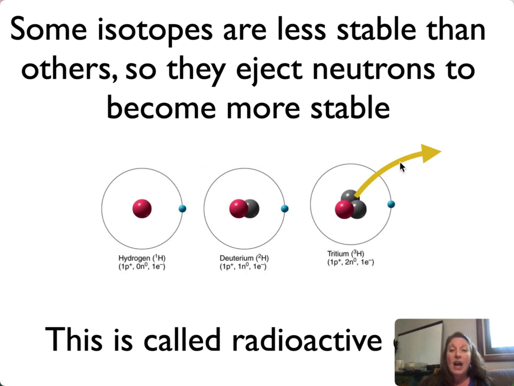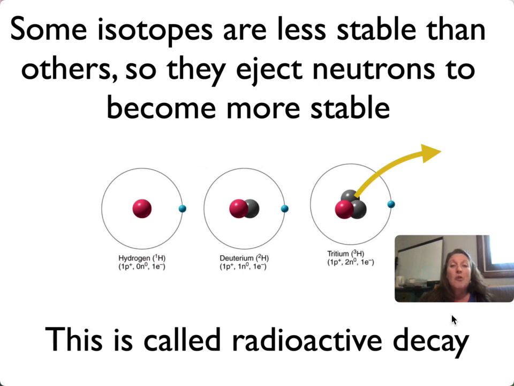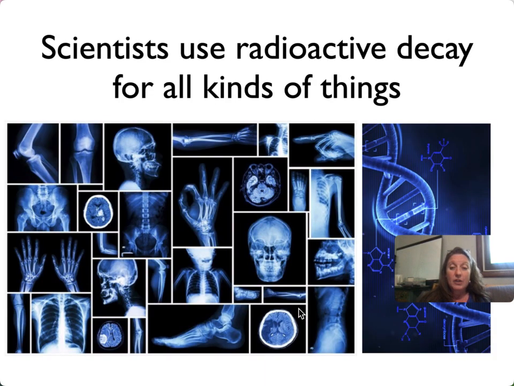And when a neutron leaves, this is called radioactive decay. Sometimes it's just the neutron leaving. Sometimes a neutron bumps into an electron and the electron leaves. Sometimes the neutron bumps into a proton and the proton leaves. Every isotope is a little different in terms of how it becomes more stable. But this radioactive decay is predictable and, as it turns out, very useful.